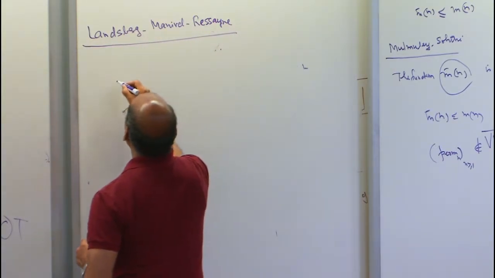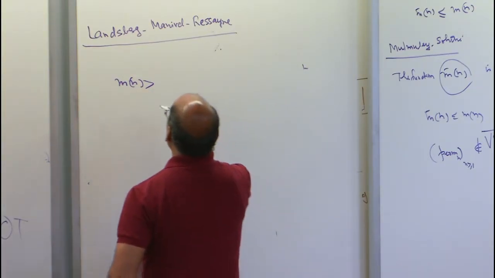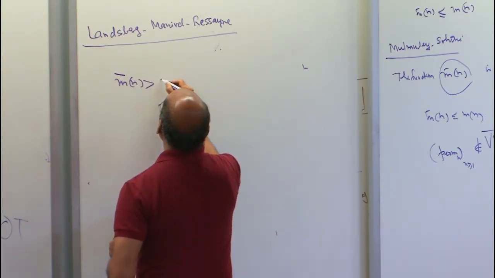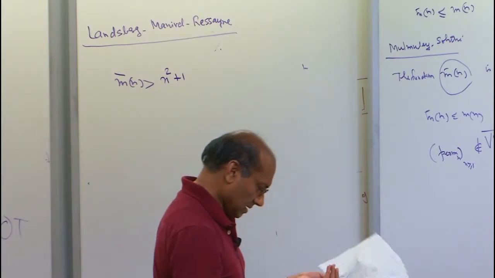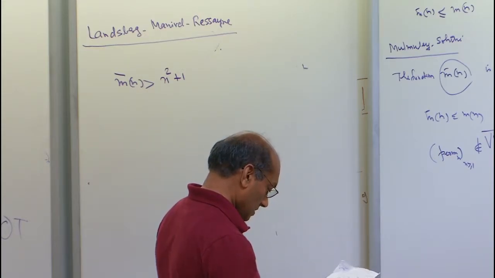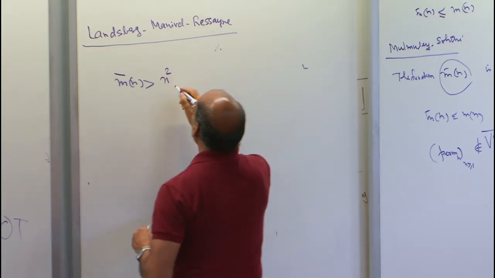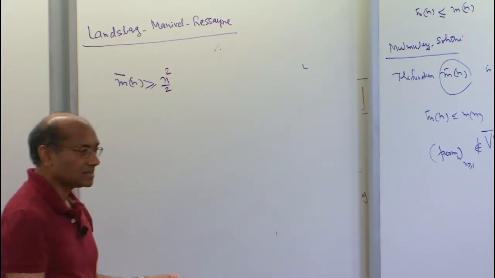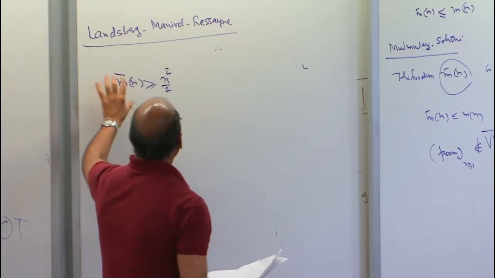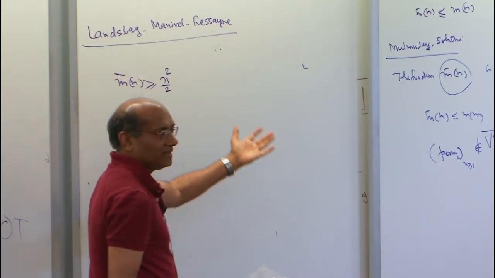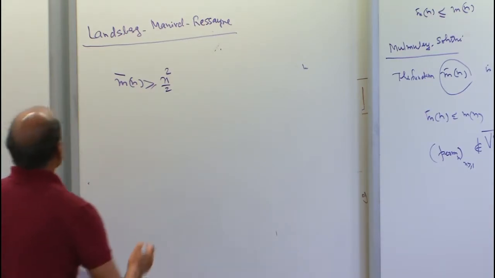So they proved that this m bar n is at least n squared plus 1. Is that correct? Am I getting it right? Greater than or equal to n squared over 2. Oh, n squared over 2. Sorry. Okay. So at least m bar n is quadratic in n. So that's the positive result.